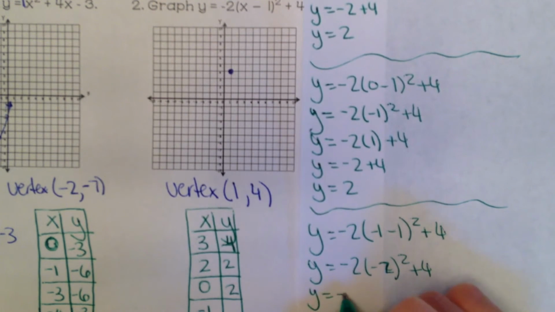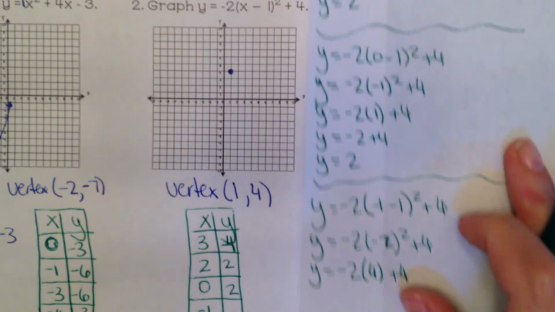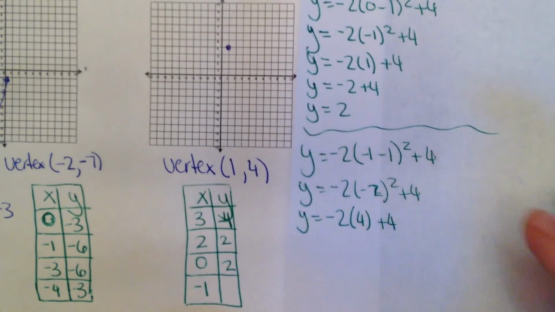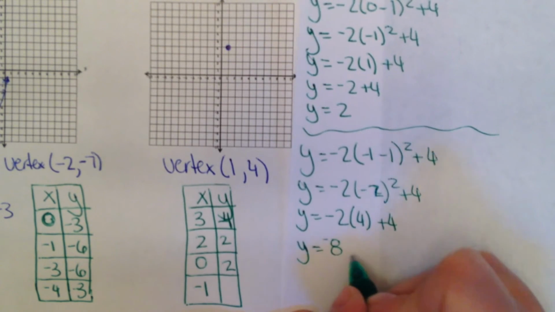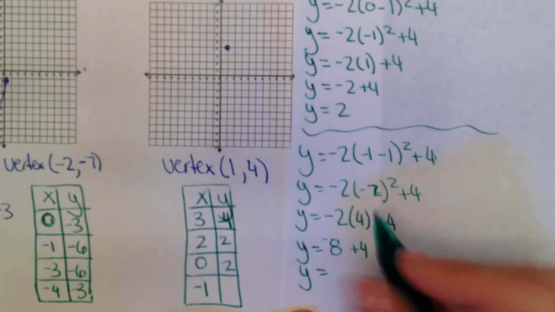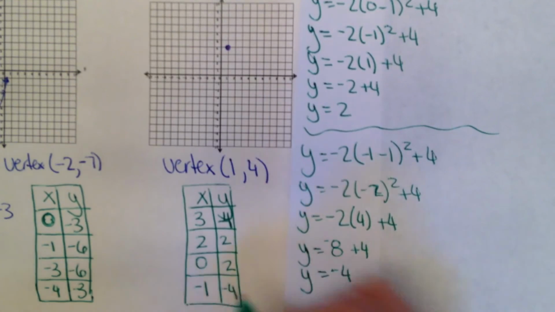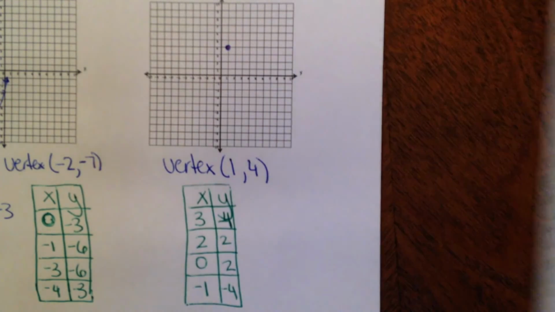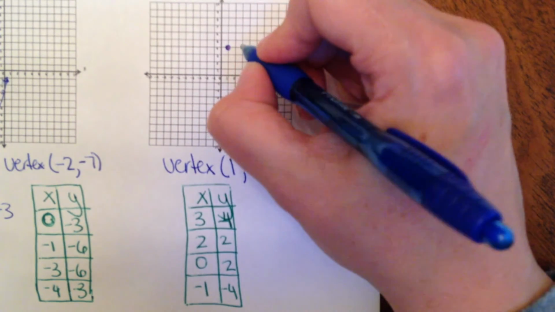Y equals -2 squared is 4. Y equals -2 times 4 is -8. And -8 plus 4 is -4. So when we graph these, we get x is 3, y is -4.